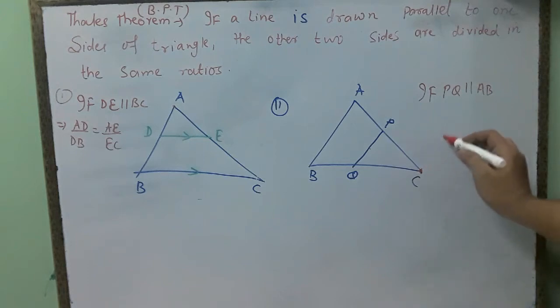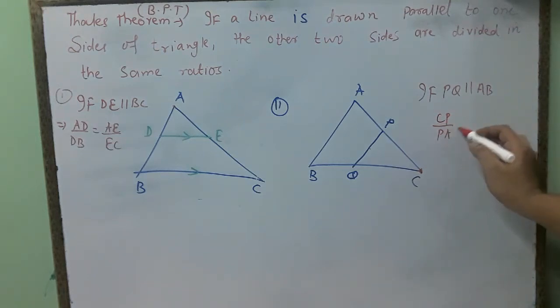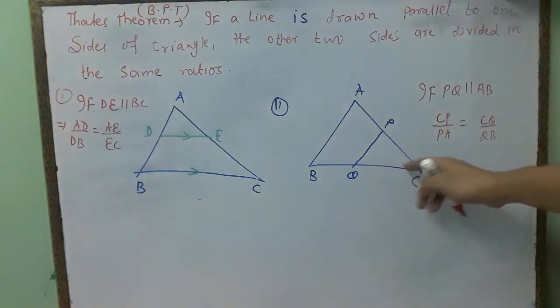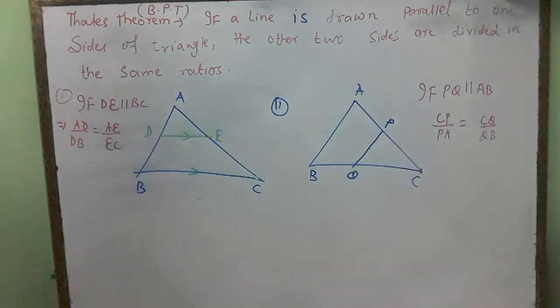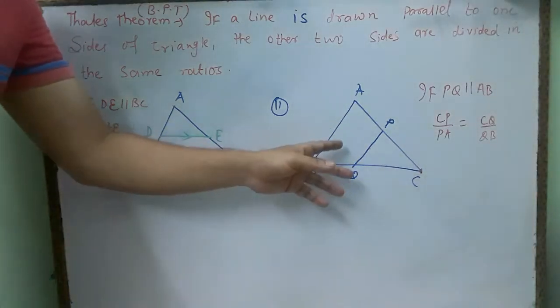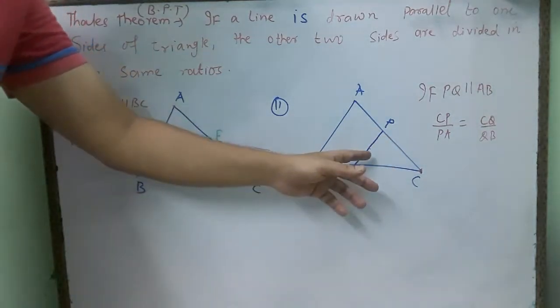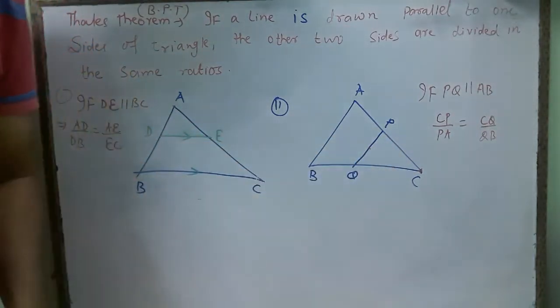Start from here: CP divided by PA is equal to CQ divided by QB. If I take this, then I have to prove this. Similarly, you should try by drawing a line parallel to AC and see what you have to prove and what the ratio of that is.